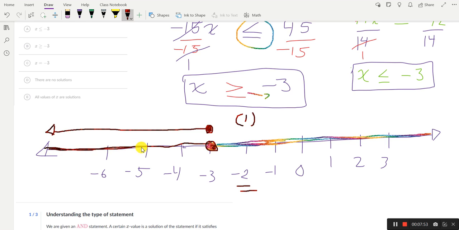Okay, this goes all the way. So what do you have here? Well, you have that x is equal to or greater than -3, and then it's telling you that x is equal to or less than -3.